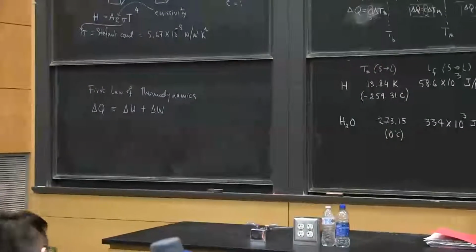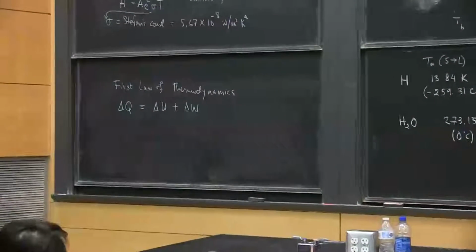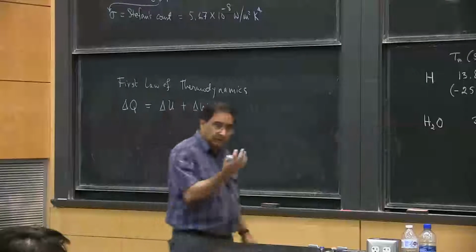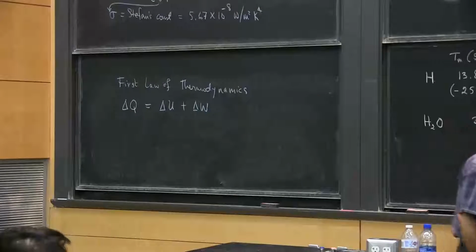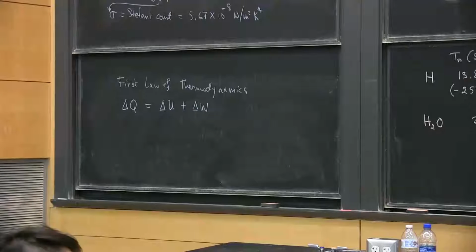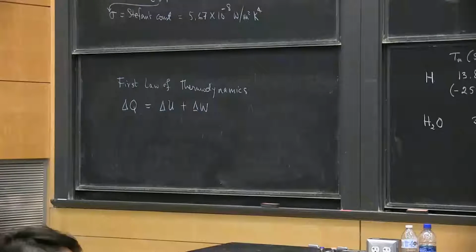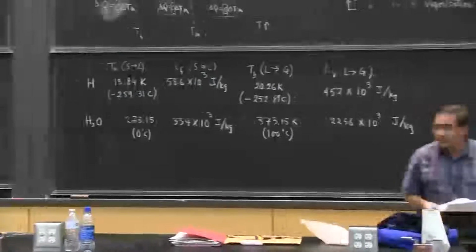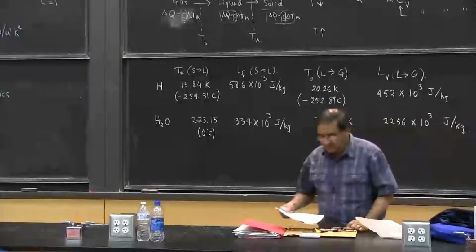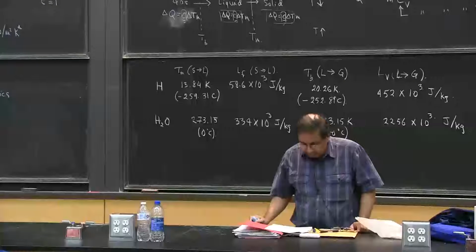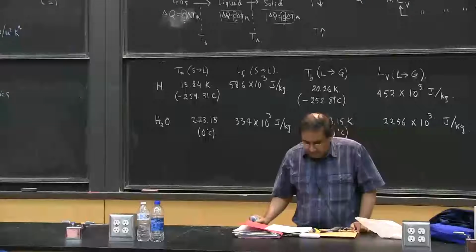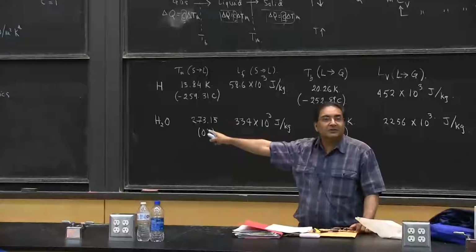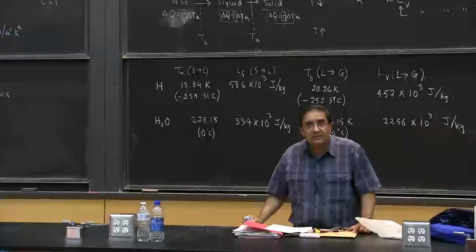So you have given a gas, let's say, a certain amount of heat. The gas becomes hotter, so that will be delta U, the internal energy change. And the hot gas can push something, meaning it can do work. Okay? So this is the concept of the first law of thermodynamics, and it is the reason why steam engines were developed, because of one of the simplest possible applications of the first law.